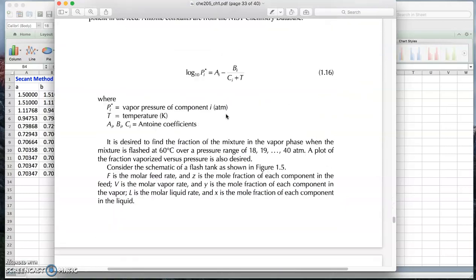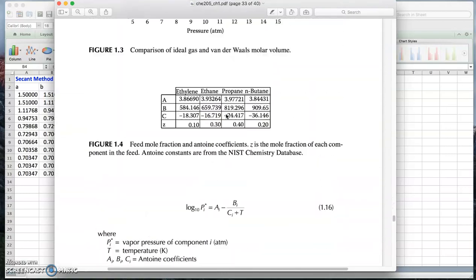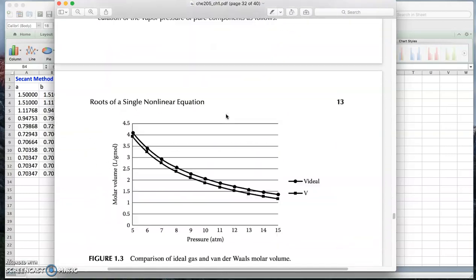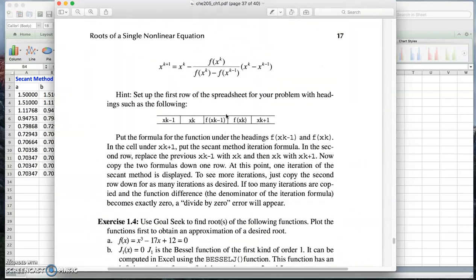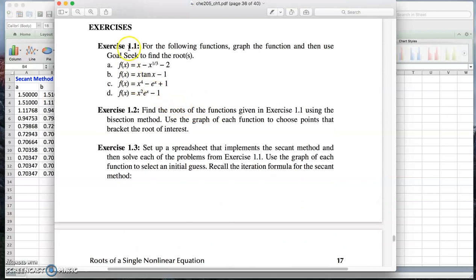That is problem 1.1, and I'm going to do part D of exercise 1.1.